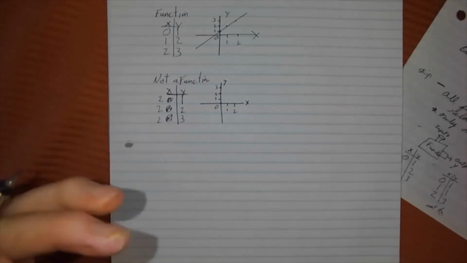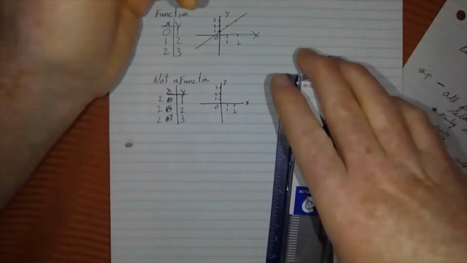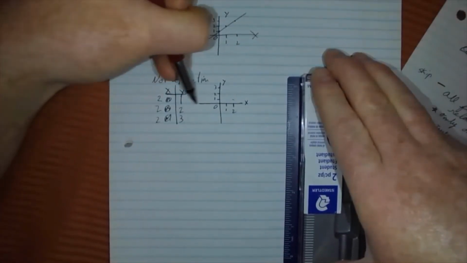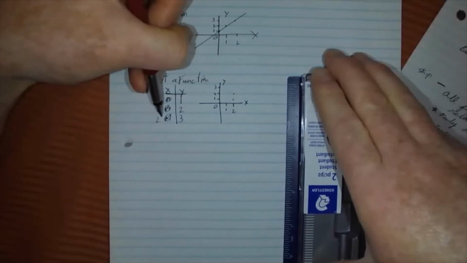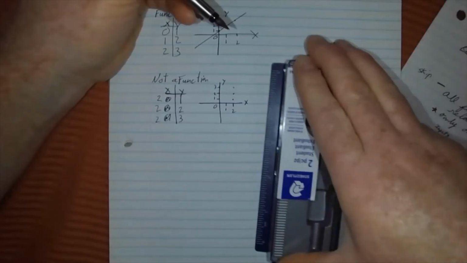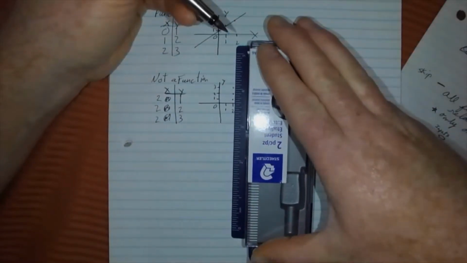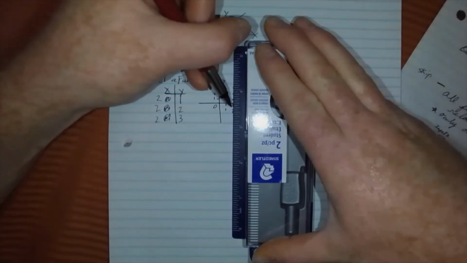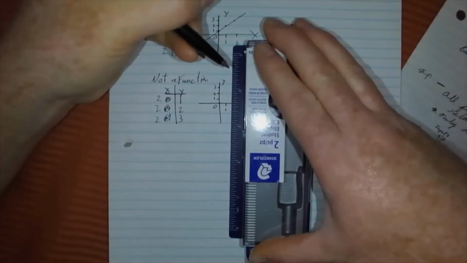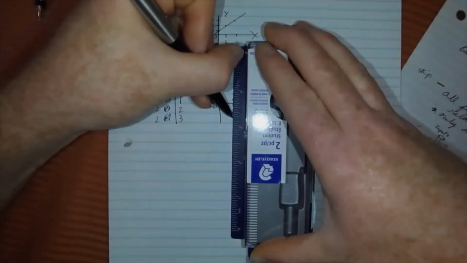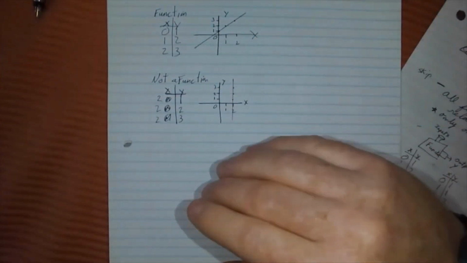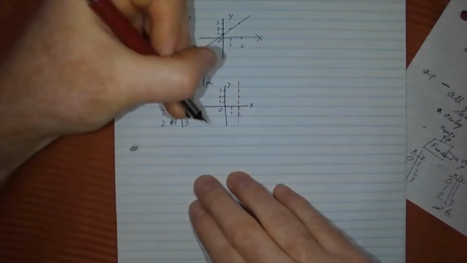I only did this so we could see what I'm trying to show you. 2 and 1 right here, 2 and 2 right here, 2 and 3. This does not pass the vertical line test. If I do my vertical line in red ink, we will still be able to see it passes through all those dots at one time. This is not a function, so we can see how it fails the vertical line test.